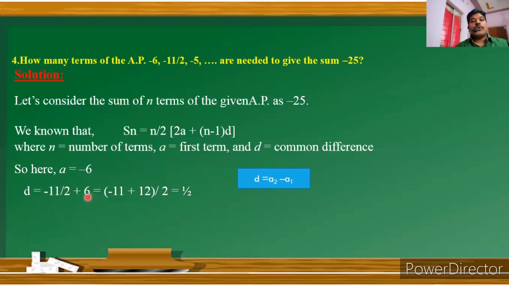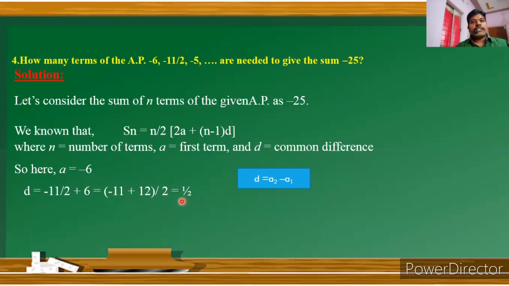So take the LCM 2: minus 11 plus 2 into 6 is 12, whole by 2. Minus 11 plus 12 is equal to 1. That value will become 1 by 2. So what is the d value? D value is 1 by 2.